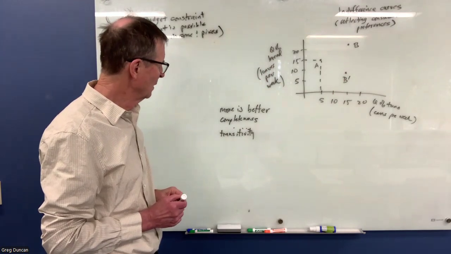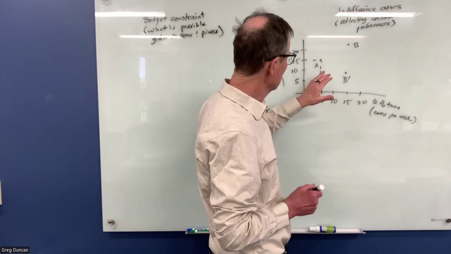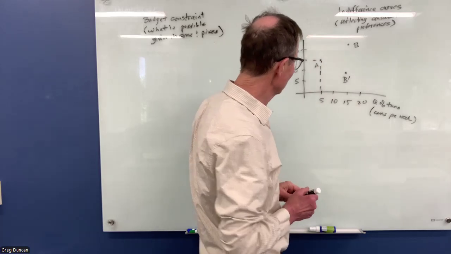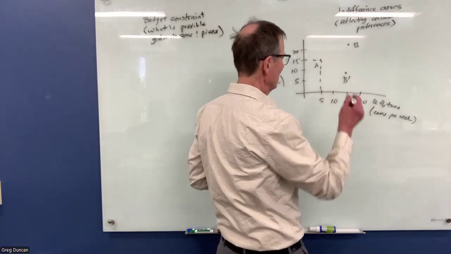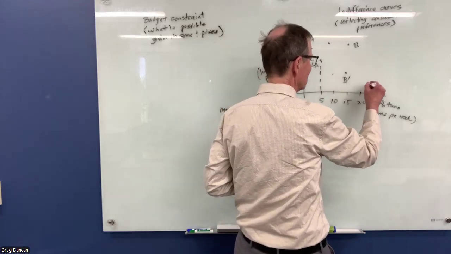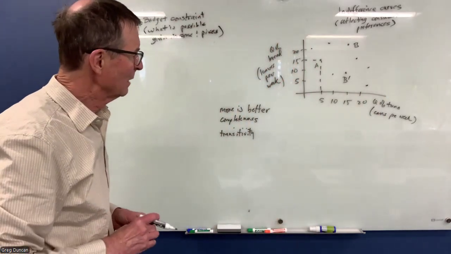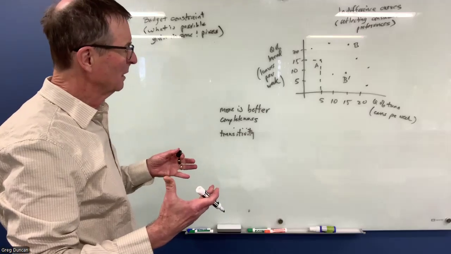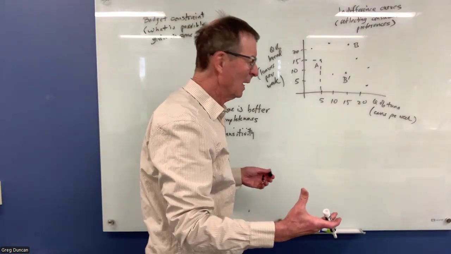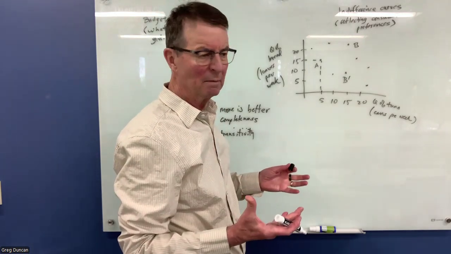And the idea here is one of completeness, right? We could give a consumer all these possible choices, filling up the whole space, and the consumer would be able to say, yep, I prefer A to B, I prefer B to A, or they're equally preferred to me.